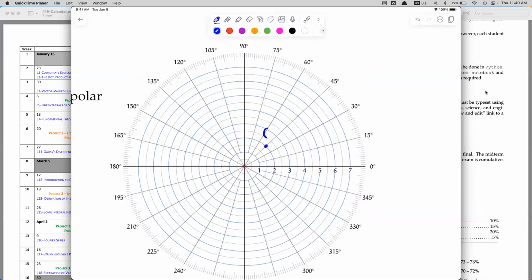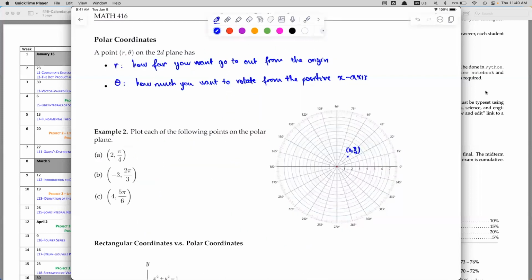Okay, so this point is (2, pi/4). Good, so far so good.